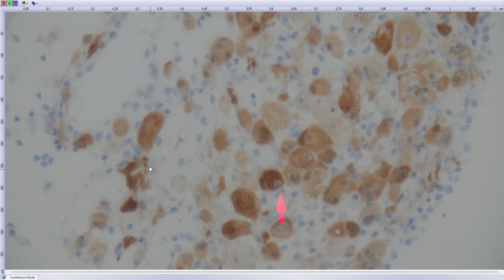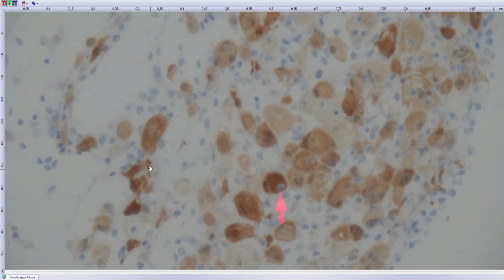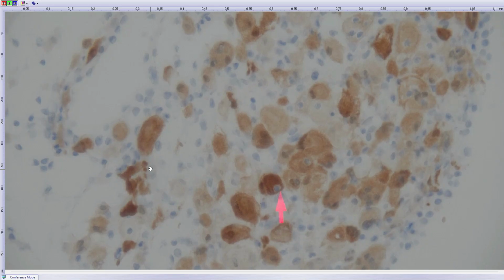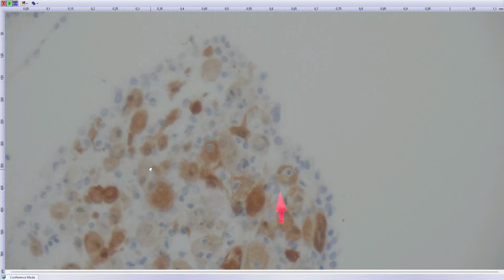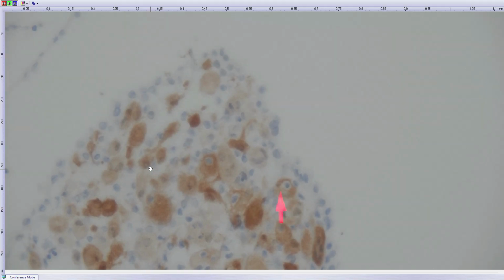It also helps you to highlight the emperipolesis. The engulfed lymphocytes don't stain with S100, so you can see them very nicely. You can see even some cells have a halo around them. So S100 is a very useful stain for confirming Rosai-Dorfman disease, and then definitely do also some histiocytic markers.